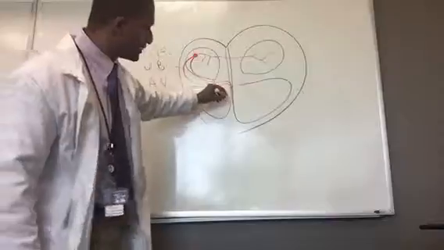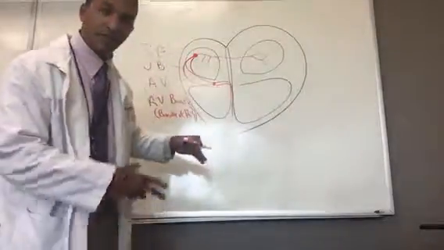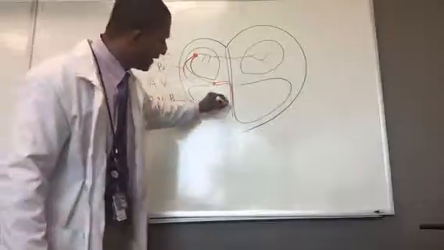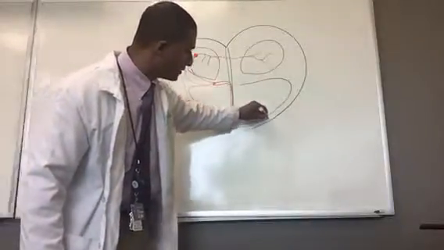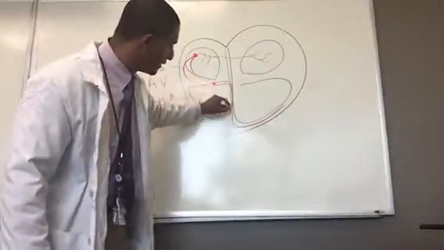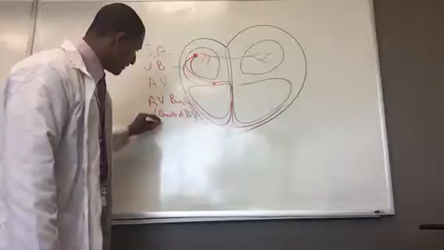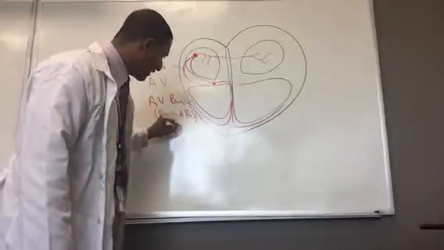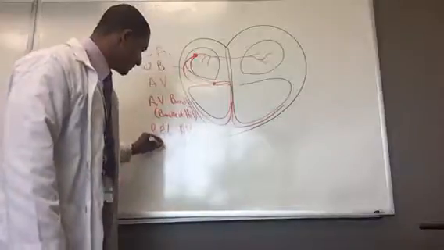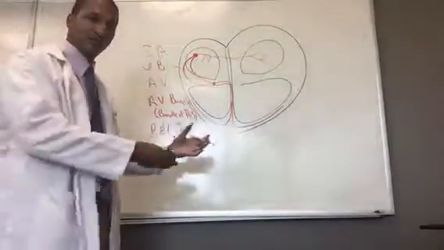And either way, as they make their way down into the ventricles, and this is all in the muscle layer of the heart, the left one goes left, and the right one goes right. We call these right and left AV branches.